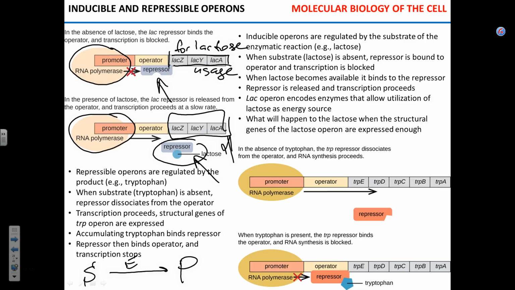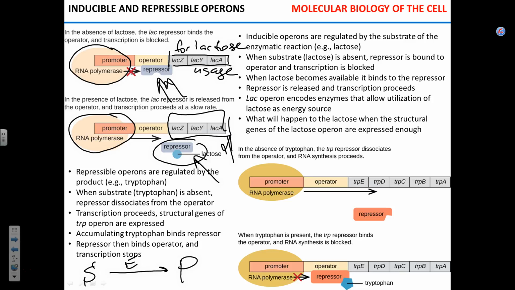Yep, repressor will go back, and when lactose is all used up, the expression of the lactose metabolism genes will be shut down. So this is called an inducible operon. Inducible operons are regulated by the presence of a substrate.